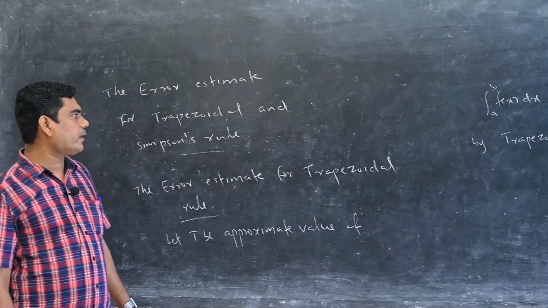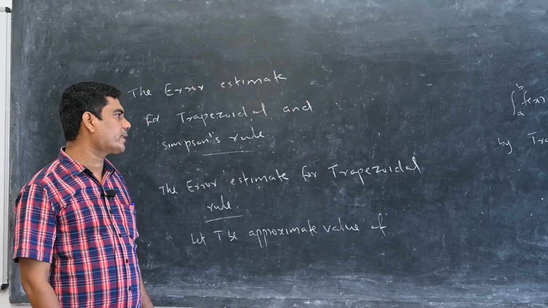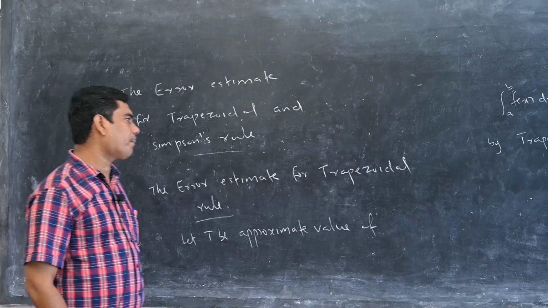T be the approximate value of integral a to b f of x dx obtained by trapezoidal rule.